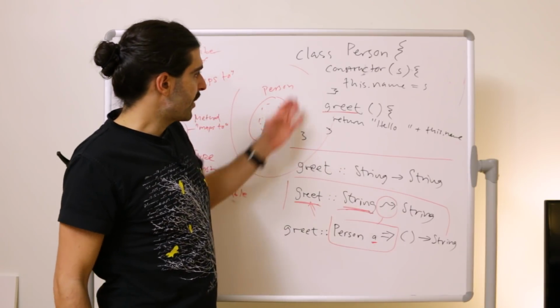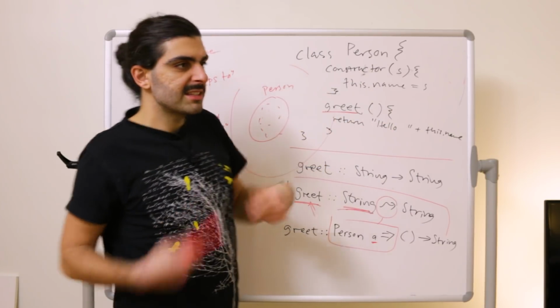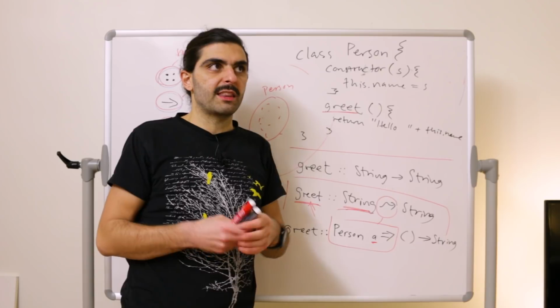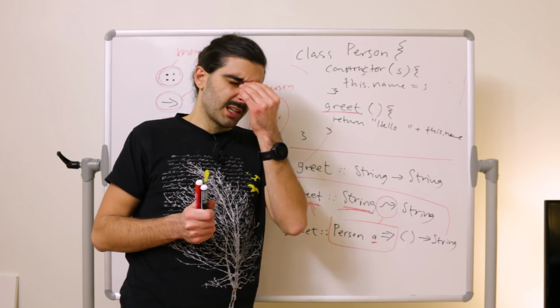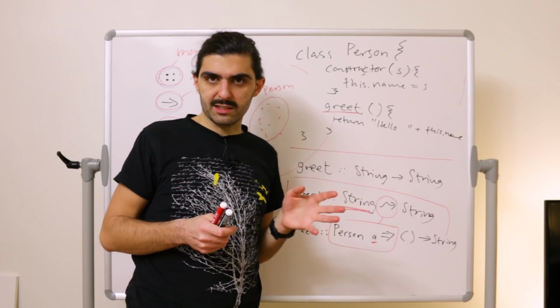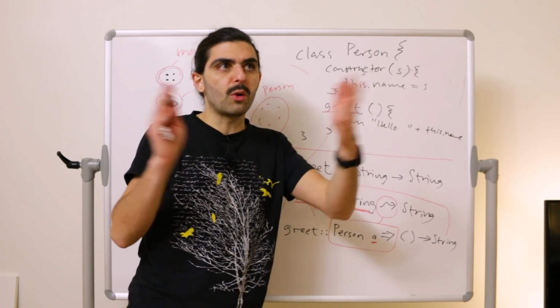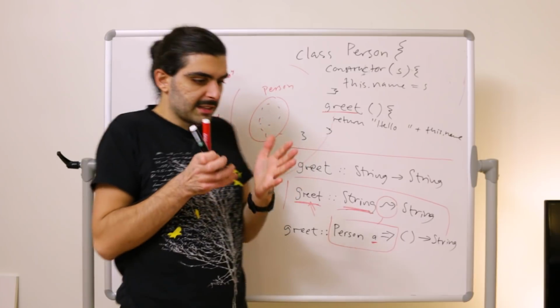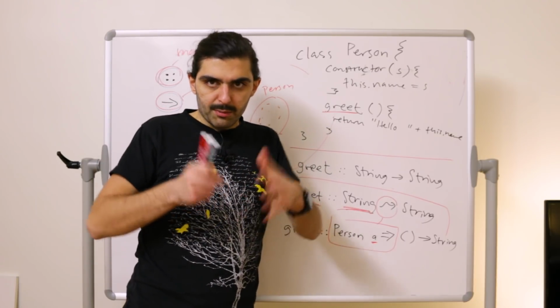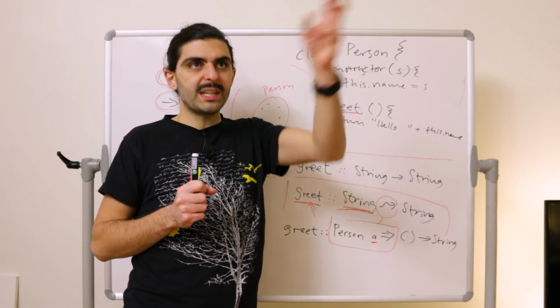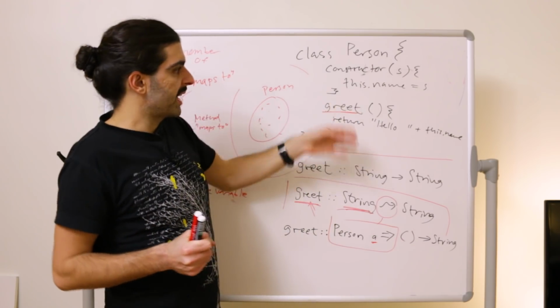Because suddenly we have this no arguments thing. If you have an instance of something, any nullary function in that instance could actually be a unary function in a non-object oriented sense, because that method might actually read something from the scope of that person instance.